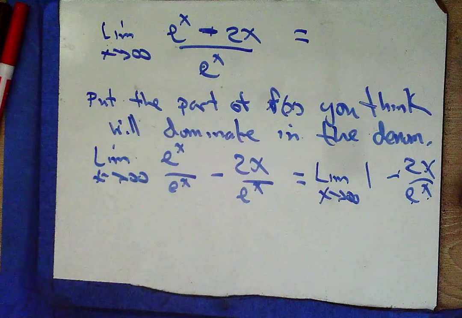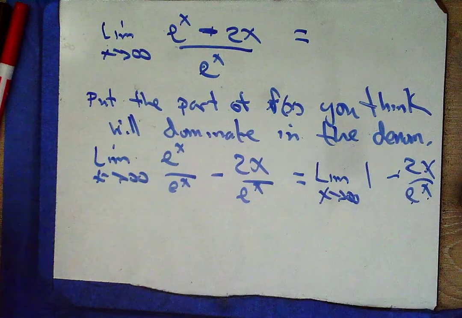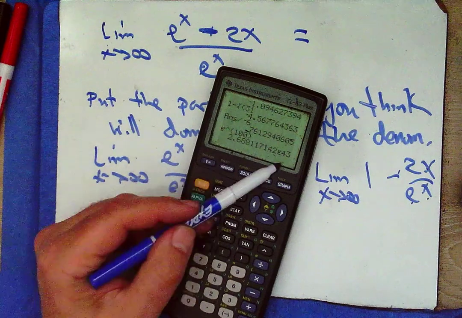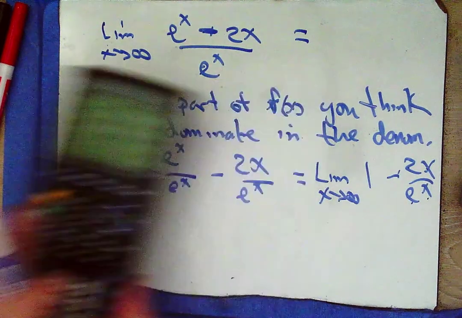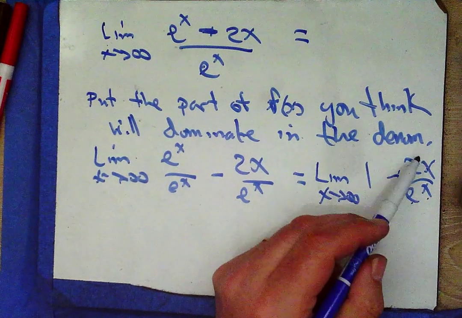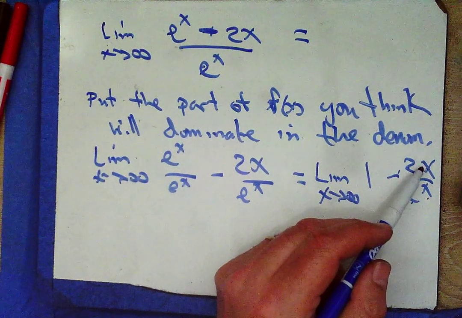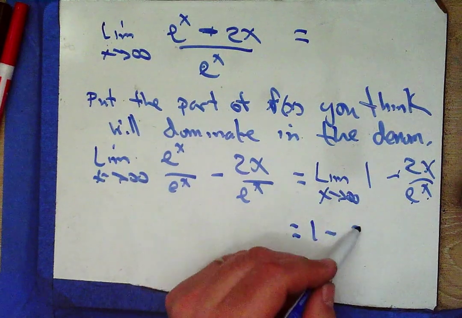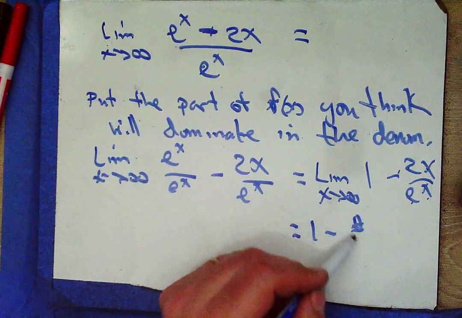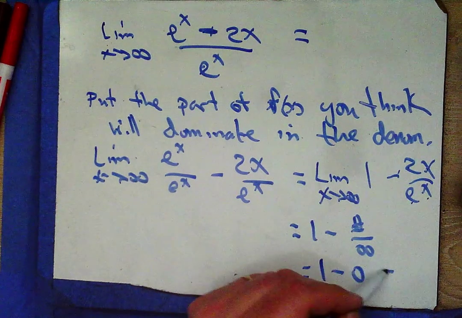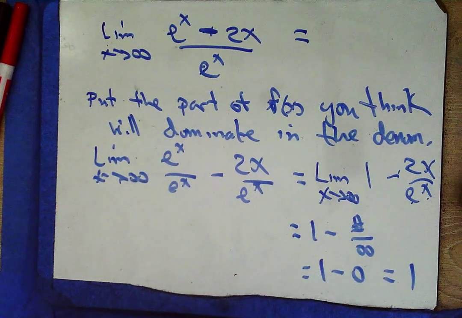So negative 200 can't compete with 2 times 10 to the 43rd. So this is heading to infinity way faster than this one. And because of that, this is going to be 1 minus a number over infinity, which we know is 0, and so this limit is 1.